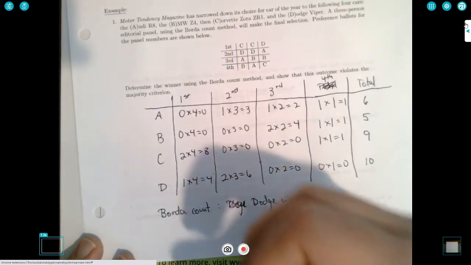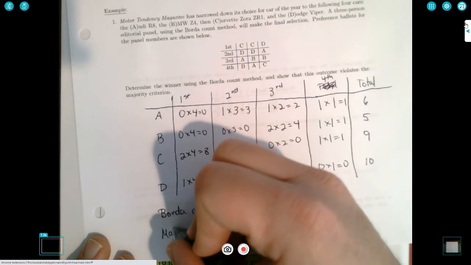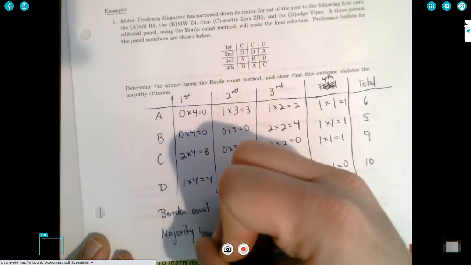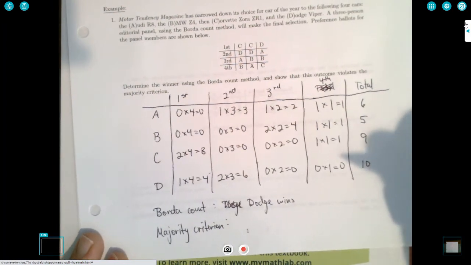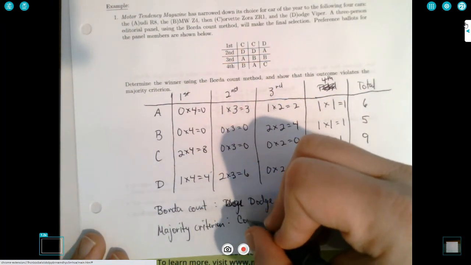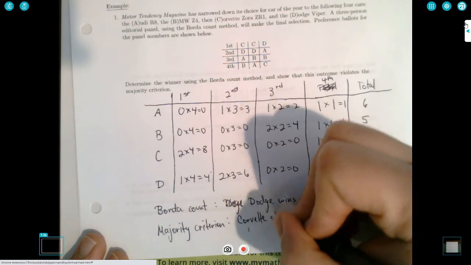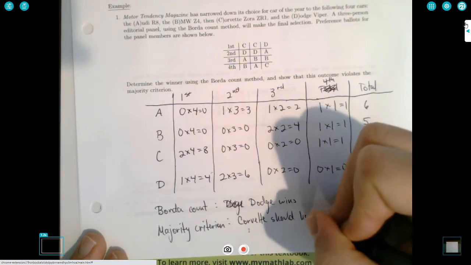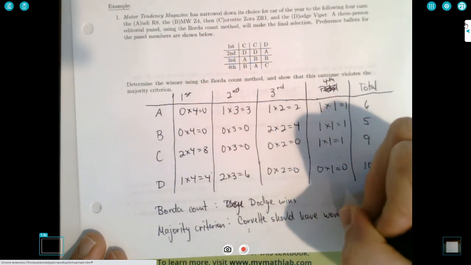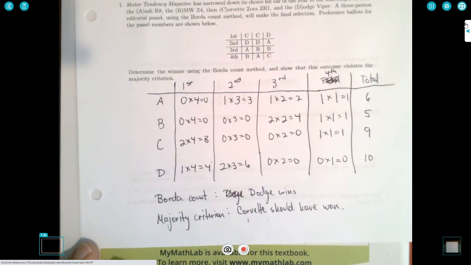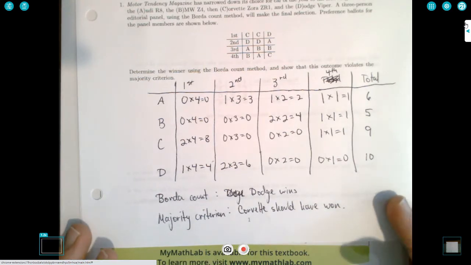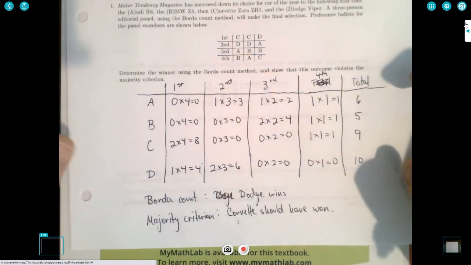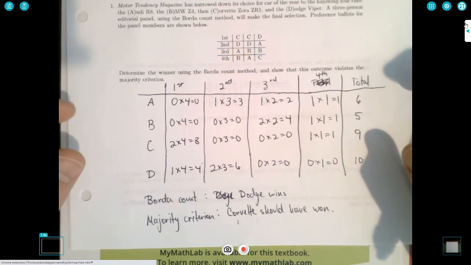But according to the Majority Criterion, the Corvette should have won. Okay, so the Borda count violates the Majority Criterion.